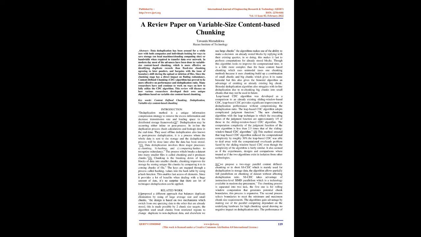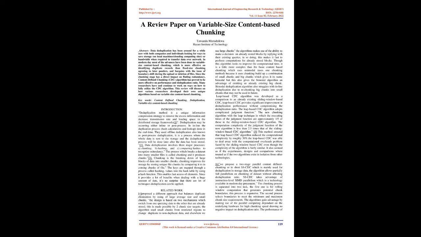Since it provides a lot of benefits when dealing with a huge amount of data, it's no surprise that there are a lot of techniques to which deduplication can be applied. Related work: 4 proposed a different approach that balances duplicate elimination by using large average size and small chunks. The design is based on two mechanisms which switch from one to the other when querying data that is already stored.